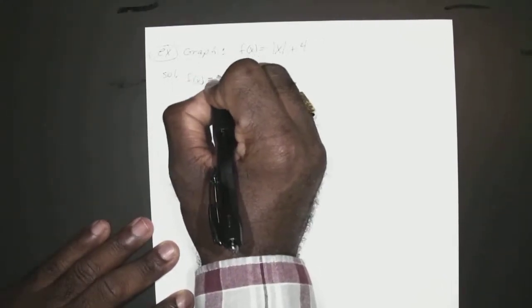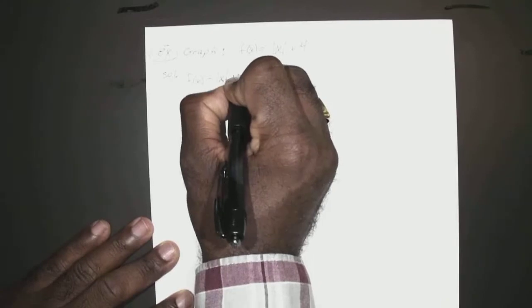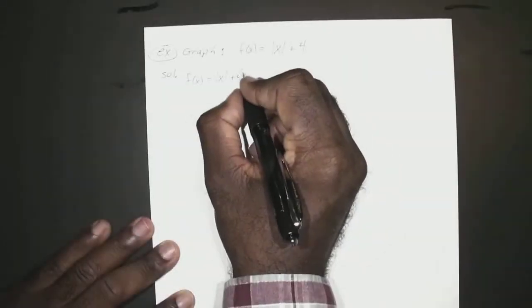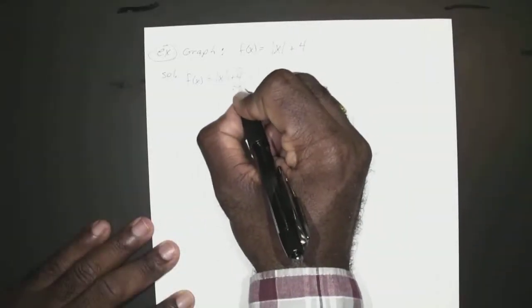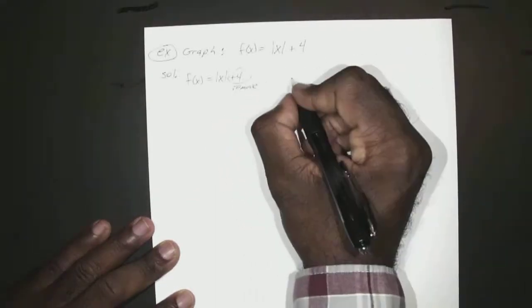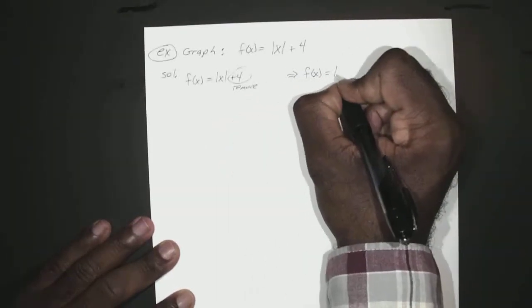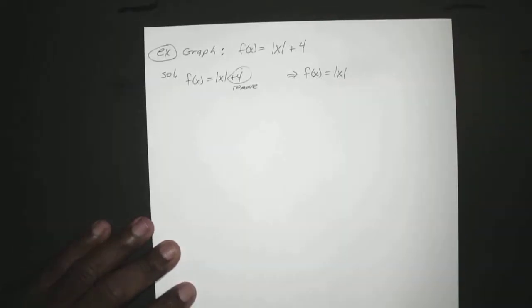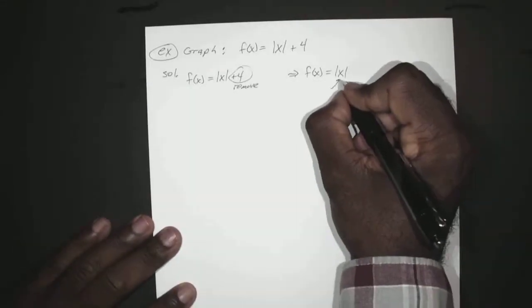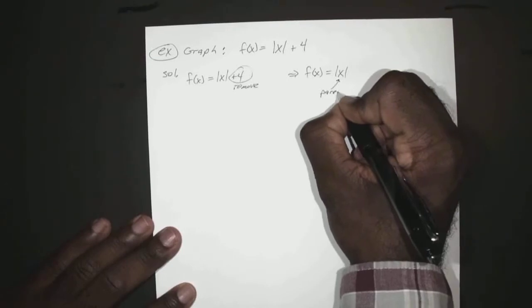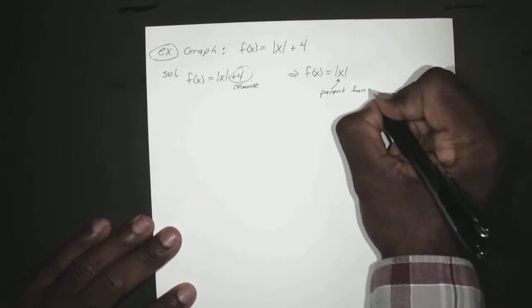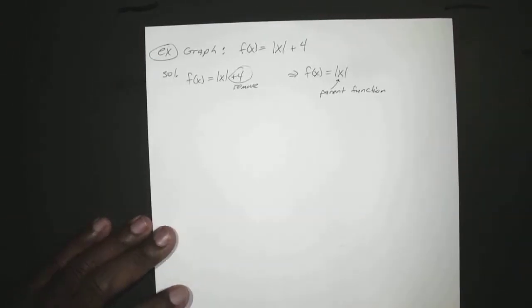So f of x equals absolute value of x plus 4. If you remove that, then f of x equals absolute value of x is your parent function. Which means everything we do is going to start with that one.